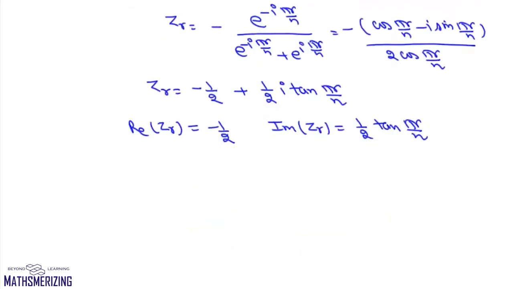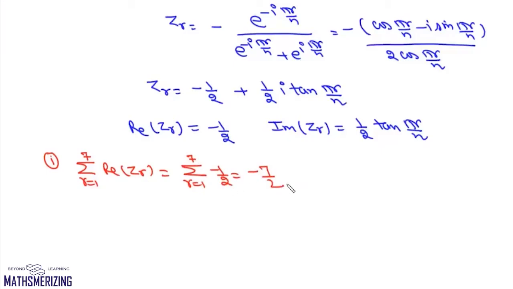Then the first part, we need to find this summation r varies from 1 to 7 of the real part of zr, which is nothing but the summation r varies from 1 to 7 of minus 1 by 2, which is nothing but minus 7 by 2.